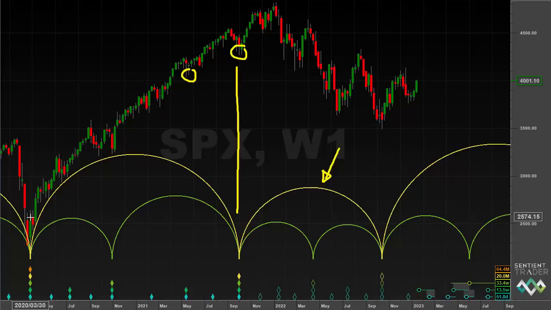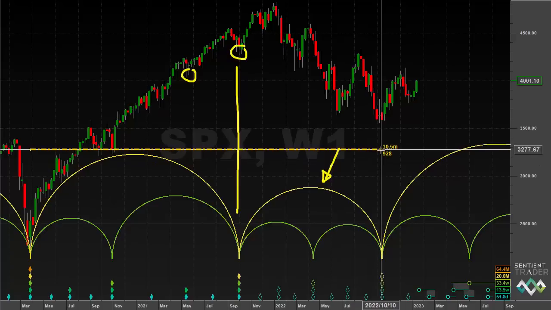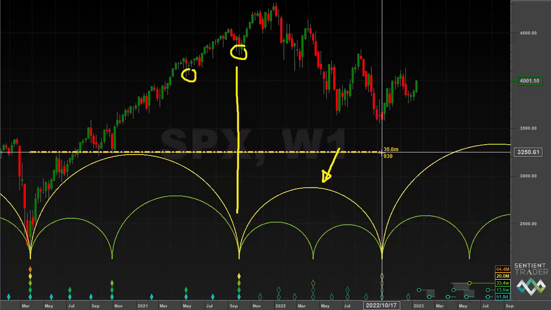But even then, if we measure the number of bars that have elapsed from the March 2020 trough to this trough in October, you can see there were only 930. The average length discovered by Hurst of an 18-month cycle 50 years ago is 546 days, and so two 18-month cycles would be expected to play out over about 1,092 days.